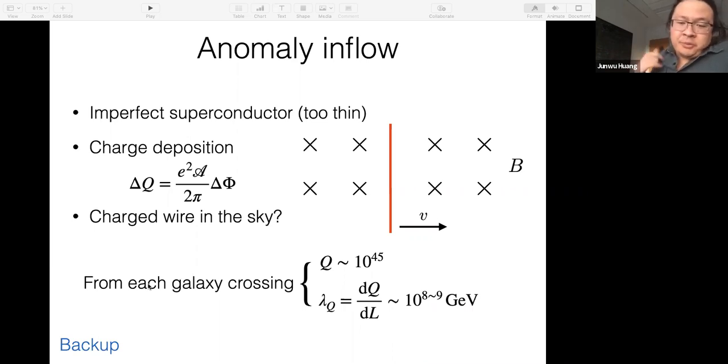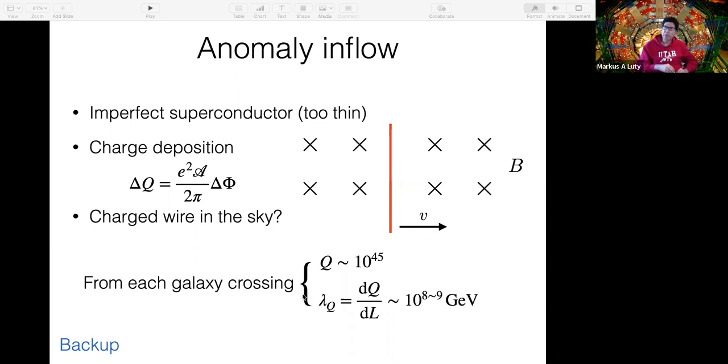And if you compute the charge density on the string, which is this lambda parameter here, it can be as large as 10 to the 8 or 10 to the 9 GeV. So this is a really, really densely charged wire. If you only look at the axion string core, spreading over kiloparsec distances, it develops a very large coherent electric field that potentially you can look for.